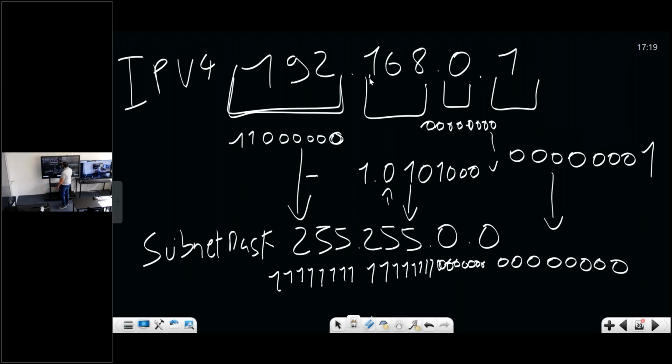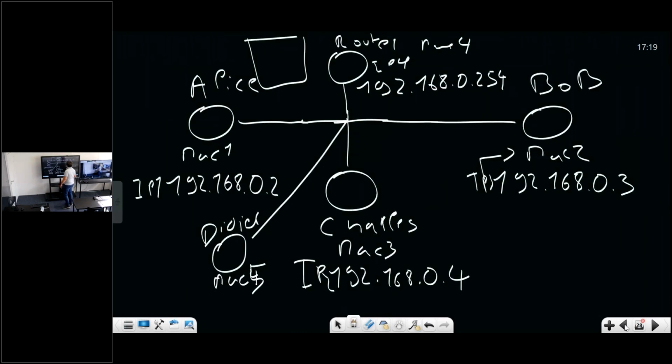Here, where it's 0s, all this part is part of the computer address, and all this part is part of the computer address too.